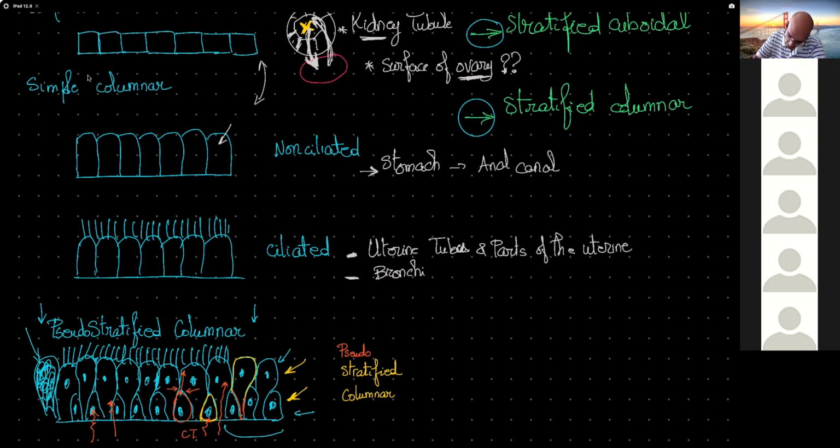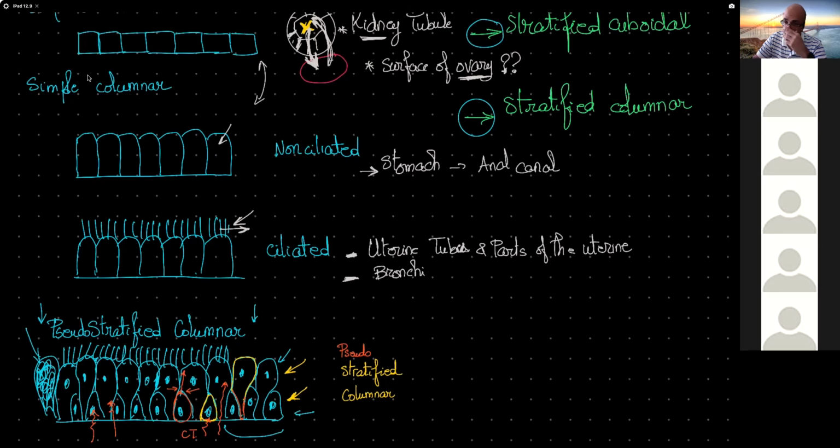So think of it, ciliated simple columnar is going to allow the propulsion of the mucus on here. It's going to allow the propulsion of the egg. So I remember location here from the appearance of the tissue. It has cilia, so it allows for propulsion. So where is it going to be located? Uterine tubes, parts of the uterus, and the small bronchioles.